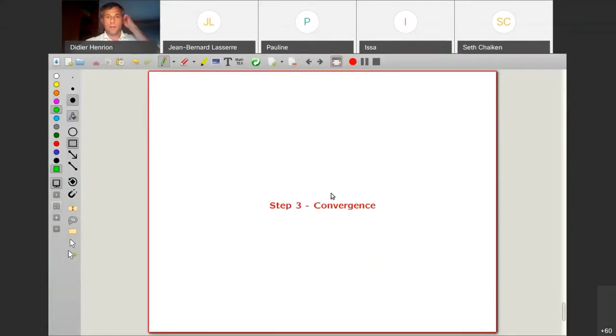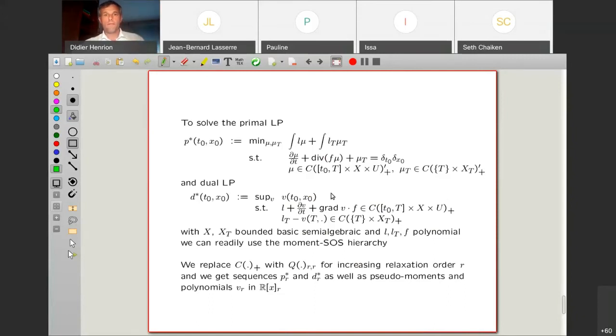So I've got my linear primal formulation on measures and dual formulation on continuous functions for my POC. I replace here my favorite cones by my even more favorite cones, the truncated quadratic module based on sums of squares and its dual.